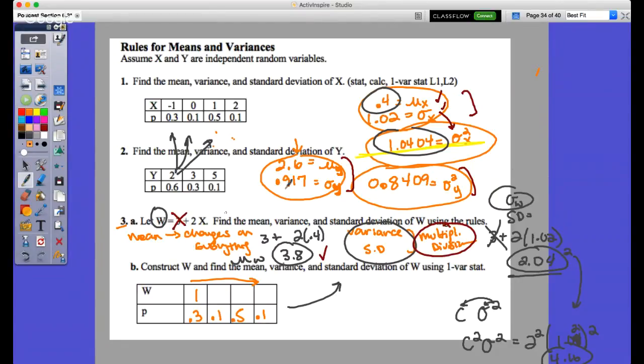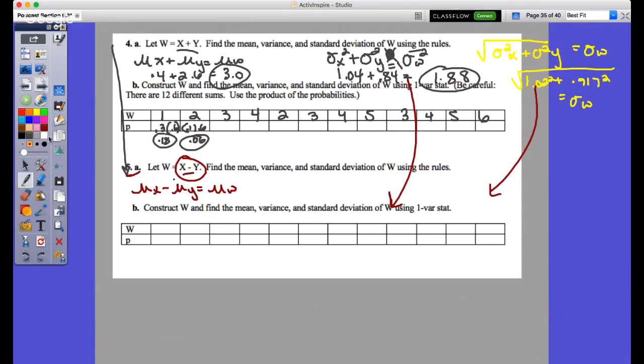So that means this 3 over here would not affect the standard deviation. I always find the new standard deviation first, and then I can square it. So 2 times 1.02, the old standard deviation, gives me the new one. To get to variance, I square the new standard deviation to get 4.16, okay? So that's all I was looking at there.